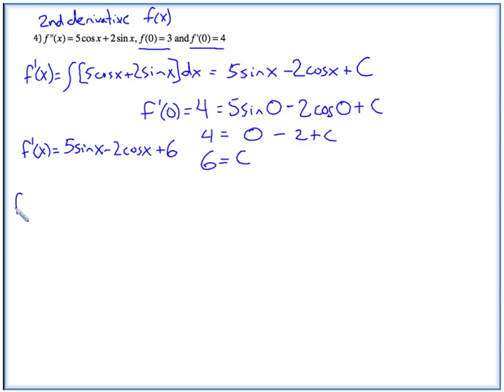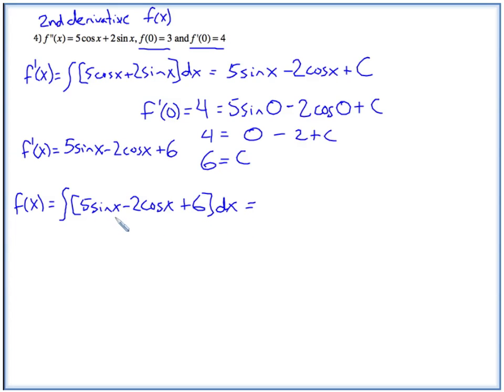So if we want to find f of x, that's going to equal the integral of our derivative, so of 5 sine x minus 2 cosine x plus 6, dx. We're just going to run the indefinite integration.